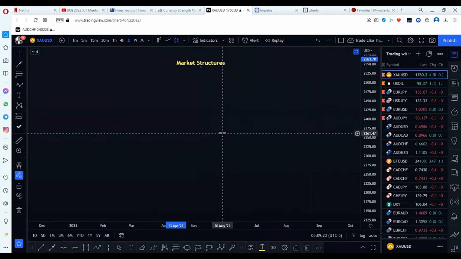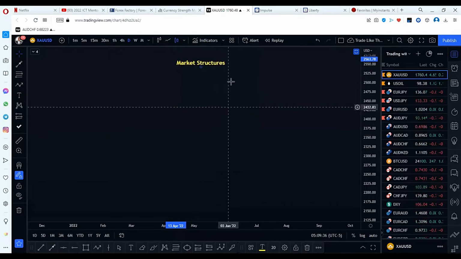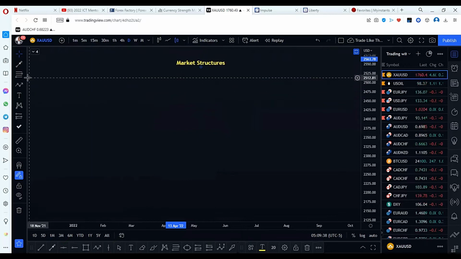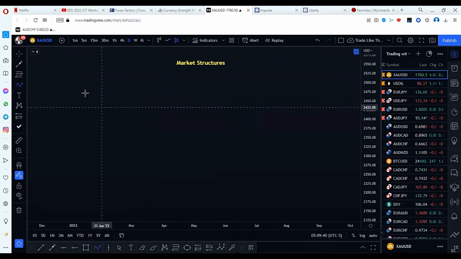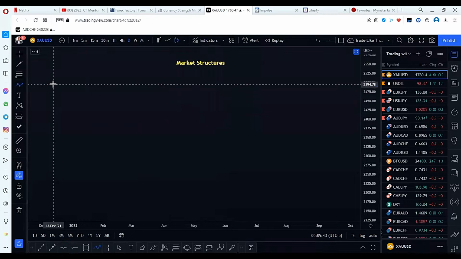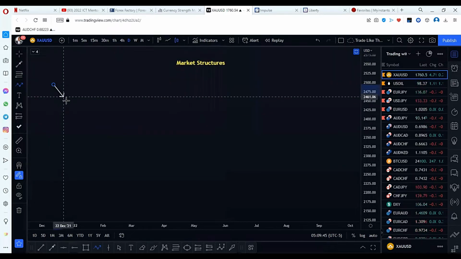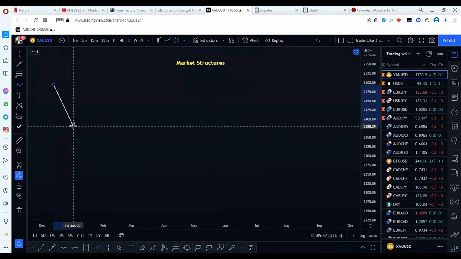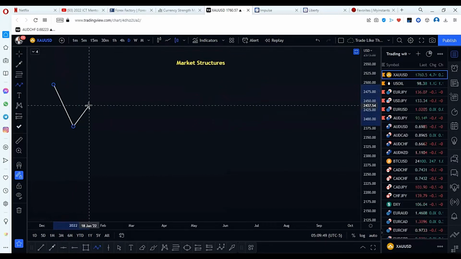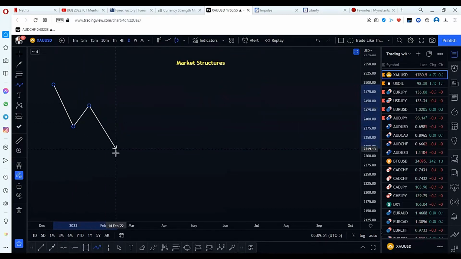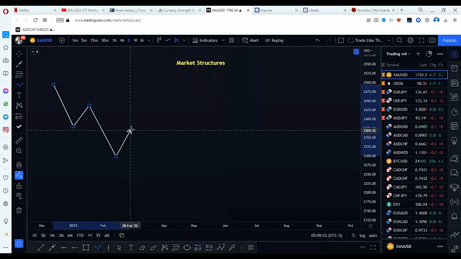All right, the very first pattern I want to discuss is trending structures. What's that, Mark? Well, a trending structure is one where price pushes down, pulls back up, pushes back down, and then pulls back up.